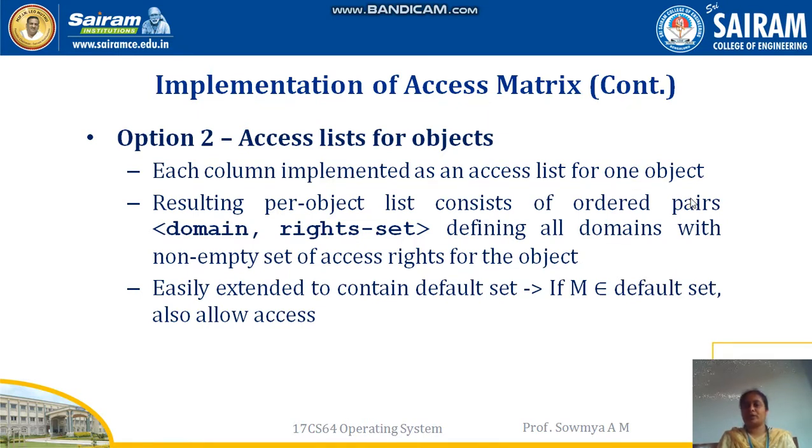For the object Oi, if you have I objects, then you have I columns. For the objects you have access rights called domain and right set. So instead of 3 values, here you have only 2 values. For every object, the domain and its right sets are given.